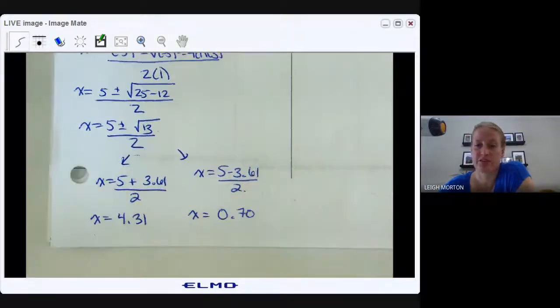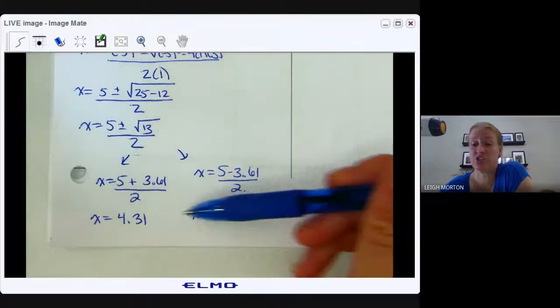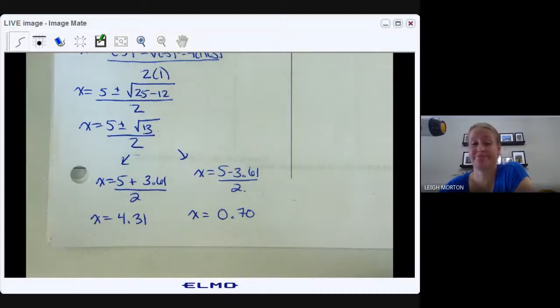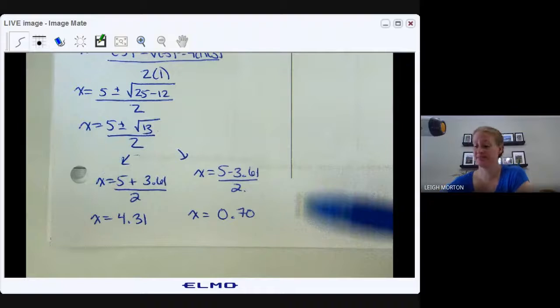I had to do some rounding here. I don't know about you guys, but I definitely do not want to factor an equation that has numbers like 4.31 and 0.70. You got this, go ahead and try D.